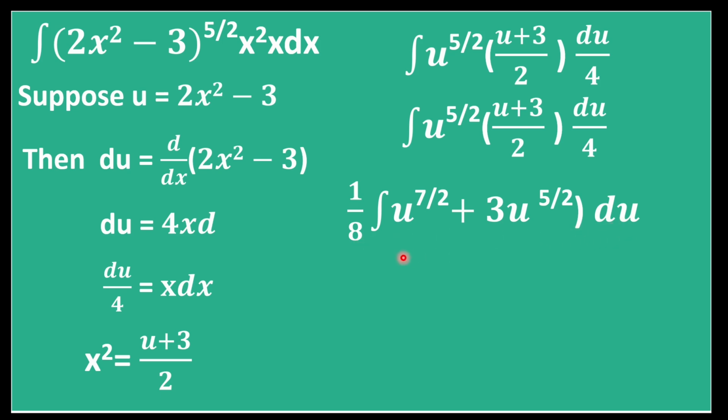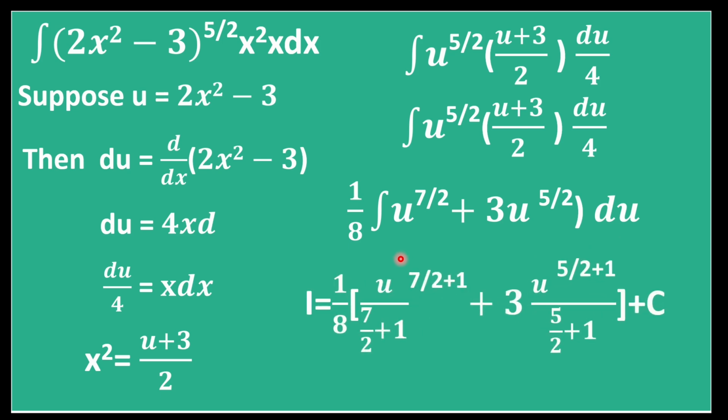And now we will integrate this with respect to u. So this 1/8, and the integration of u^(7/2) means that we will add plus 1 to the power, and we will write this whole value in division. So it will become u^(7/2 + 1) divided by (7/2 + 1).